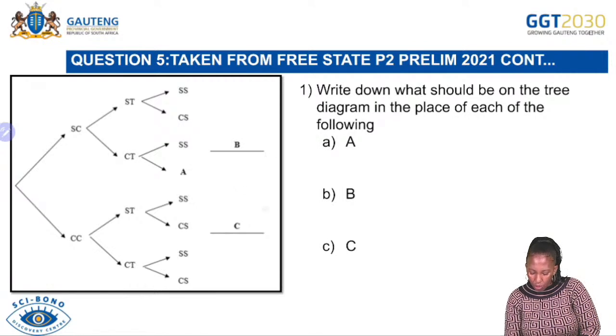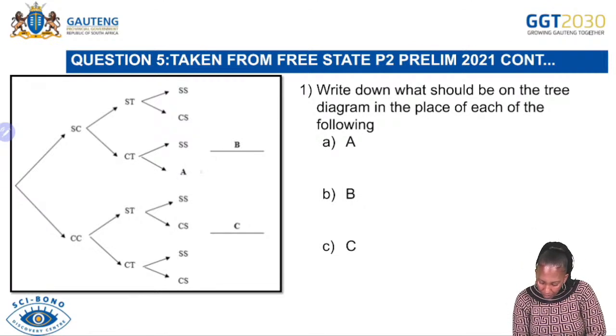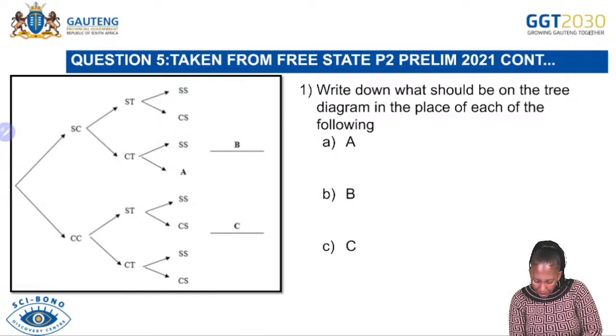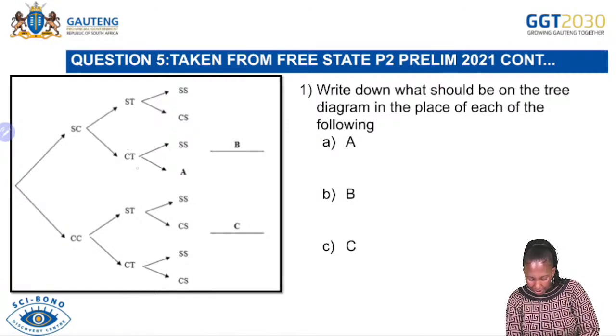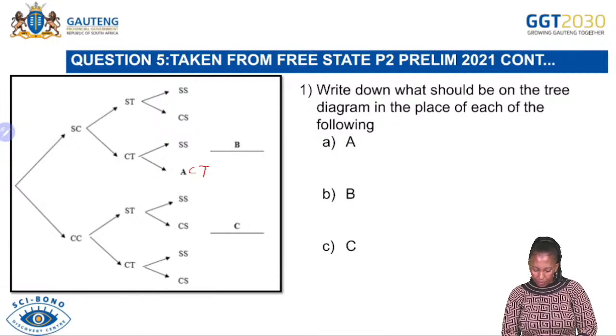Now we want to know number A. Here's our A. We have the shark scarf, the cheetah t-shirt, and now we have the shark t-shirt scarf. So here we are only waiting for the cheetah scarf. As you can see, it will be the CT for A. We are missing one.